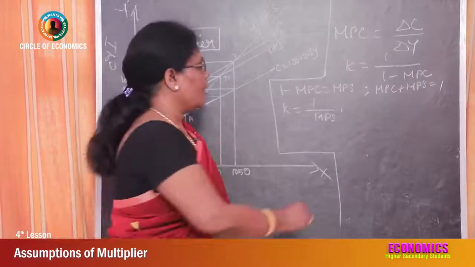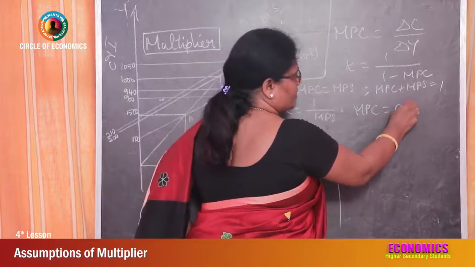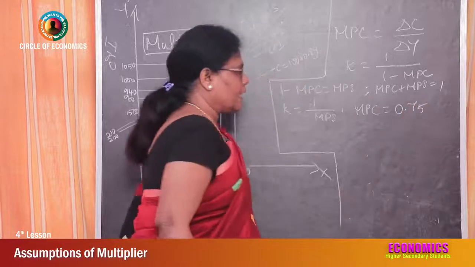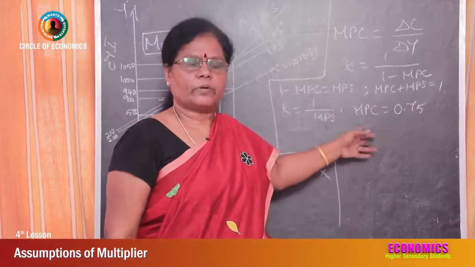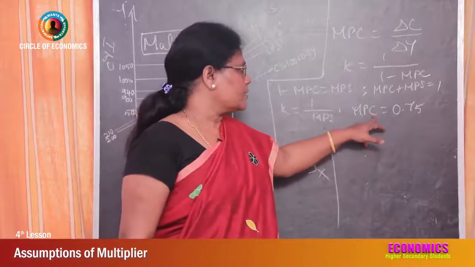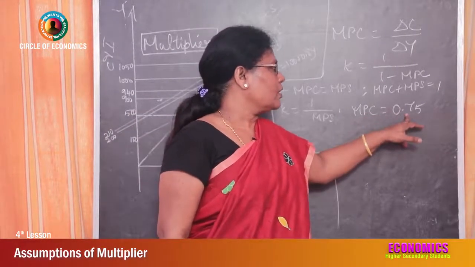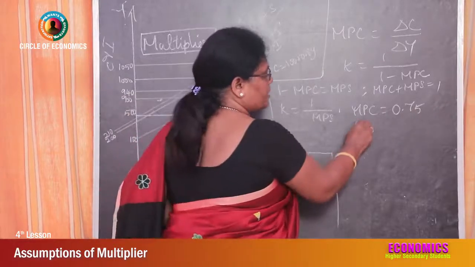Numerically, if marginal propensity to consume is equal to 0.75. We have seen already that marginal propensity to consume is always less than 1 and marginal propensity to save also less than 1. If marginal propensity to consume is equal to 0.75, what is marginal propensity to save?